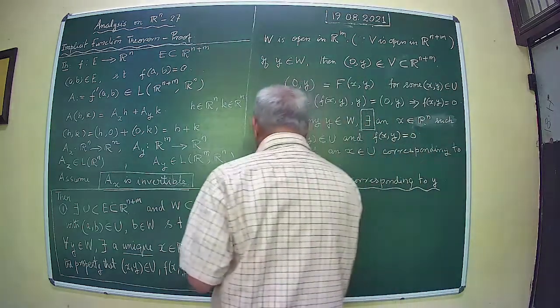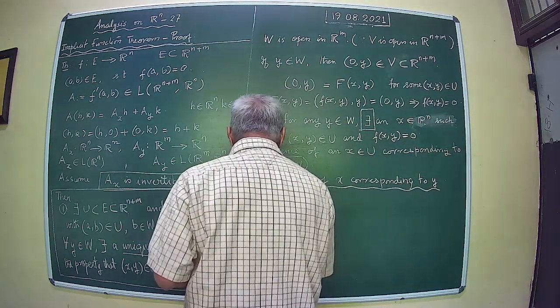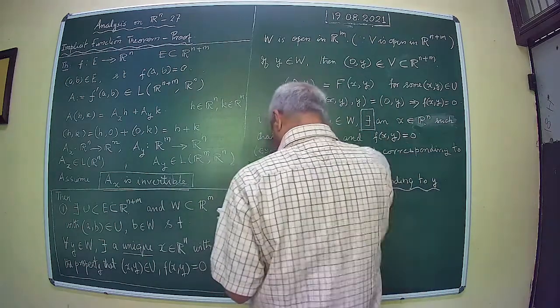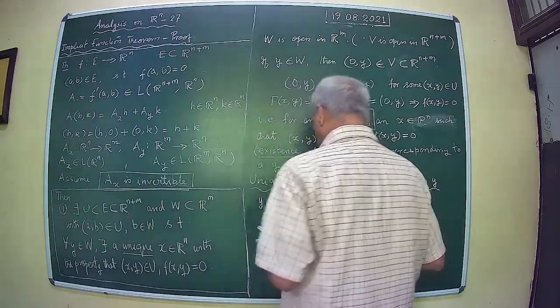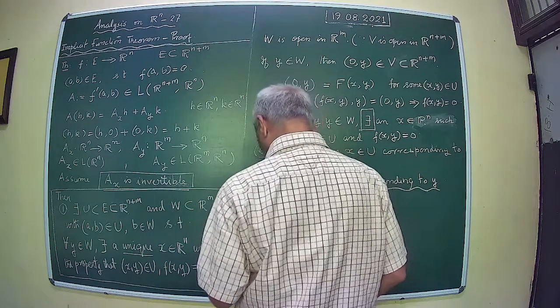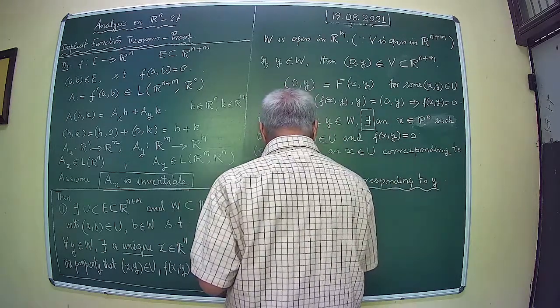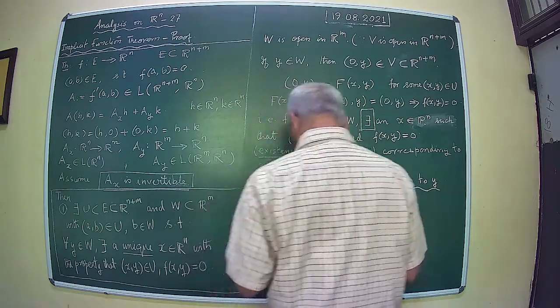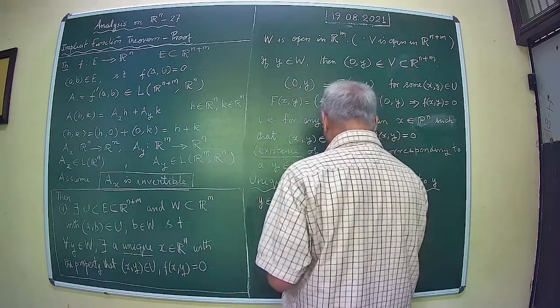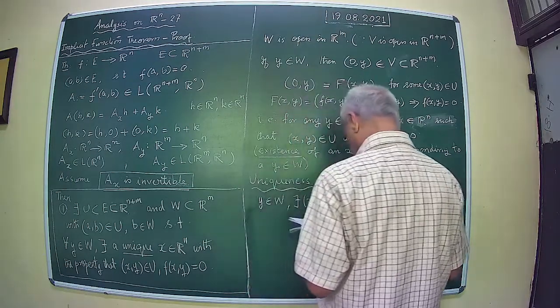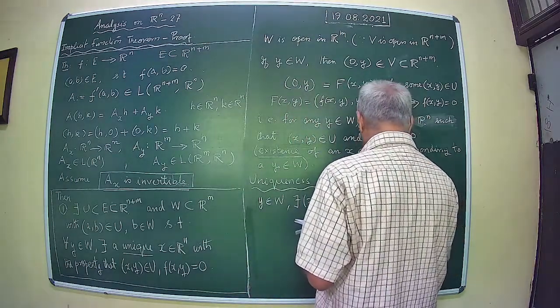So let us start with the y belonging to W. We know that there exists x comma y belonging to U such that f of xy is 0.